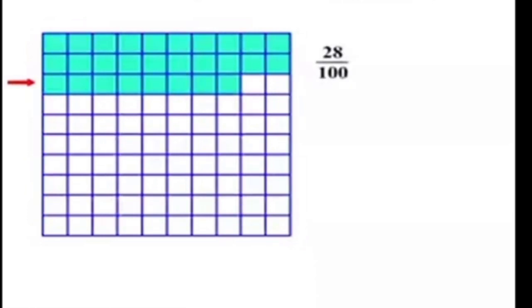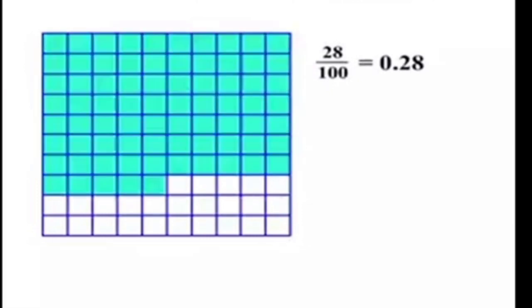So the fraction will be 28 by 100, and the decimal fraction will be 0.28. And see another one, how many are here? 10, 20, 30, 40, 50, 60, 70 and 5. So it will be 75 by 100. The decimal fraction will be 0.75.